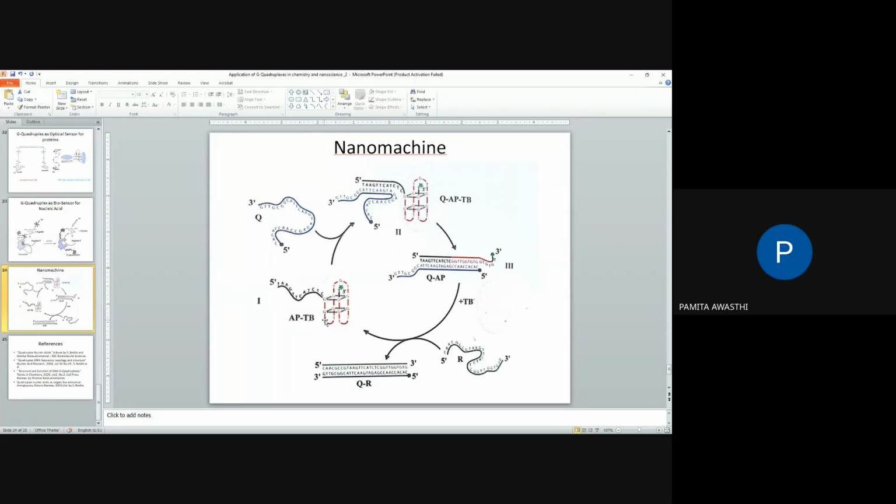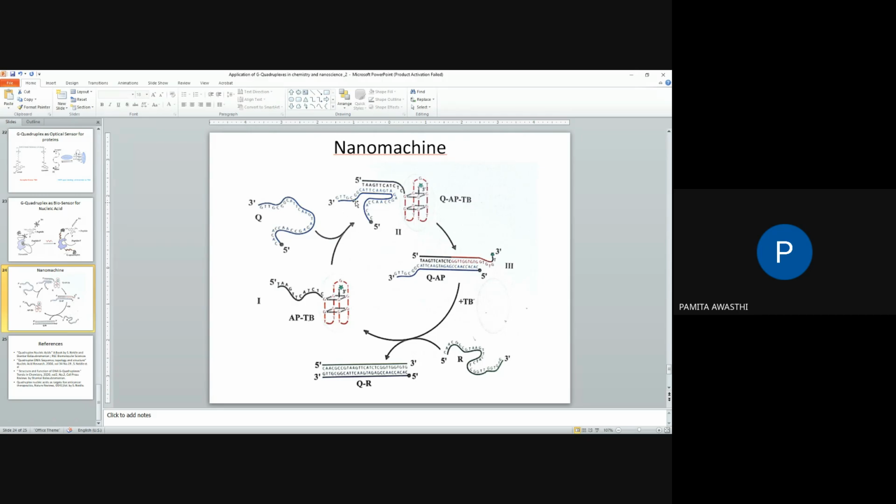In this machine, as I told you, the TBA sequence was fused with another DNA sequence that can partially bind to another sequence. So when you expose this to another sequence, it can partially show a duplex kind of interaction, right, with this DNA at the second level.